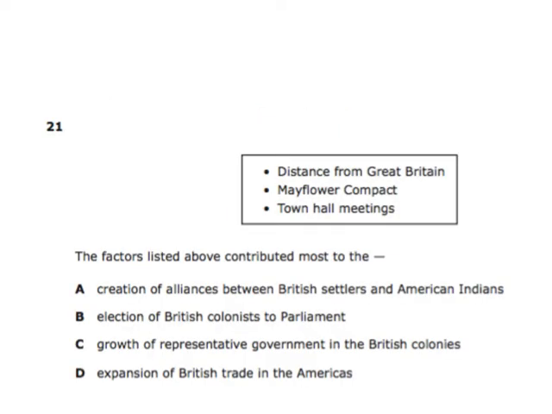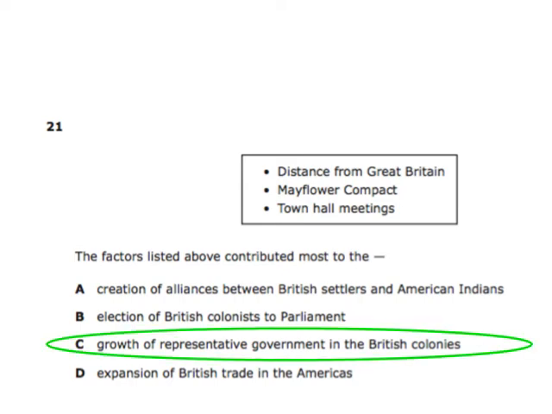Distance from Great Britain, Mayflower Compact, town hall meetings. The factors listed above contributed most to the growth of representative government in the British colonies.